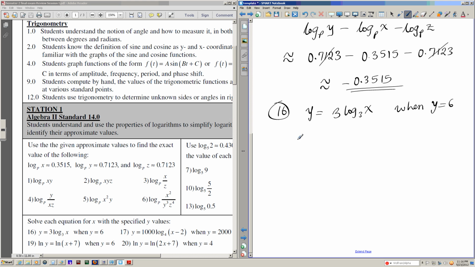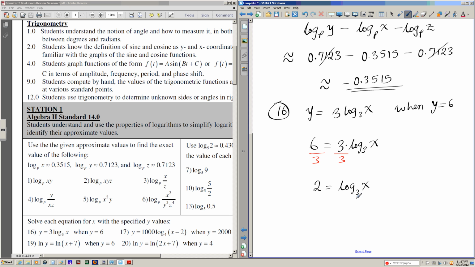So y is 6, so we have 6 equals 3 log base 3 of x. Now how can I isolate this log so I can eliminate it? By dividing by this 3, right? So I'll divide both sides by 3, and it's going to give you 2 equals log base 3 of x.